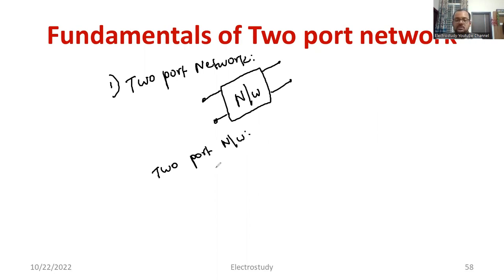The two-port networks are explained with the help of certain parameters. The first one is called open circuit impedance parameters.